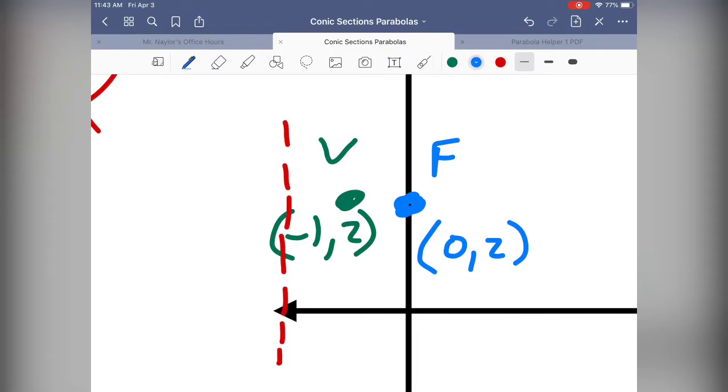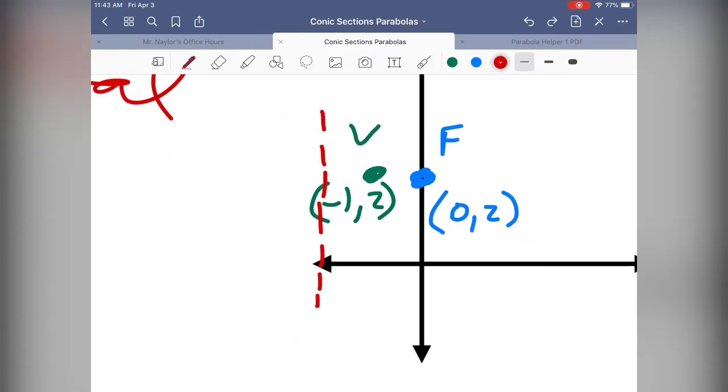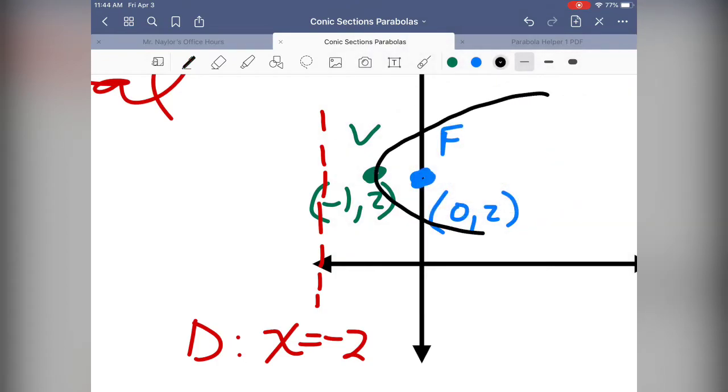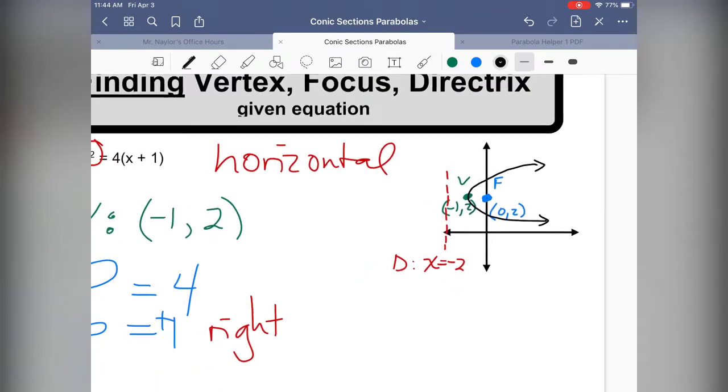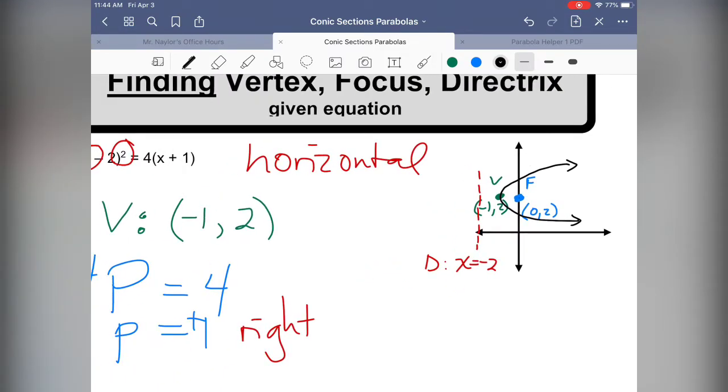If I go backwards again 1 unit, I'm able to conclude visually that my directrix is at -2. And so these are the things that I want to be coming up with. But I also want to be thinking about the graph that's going to have to fit nicely between this focus and directrix. Now I would have a complete analysis of this problem.